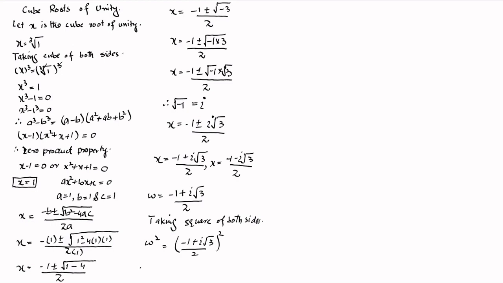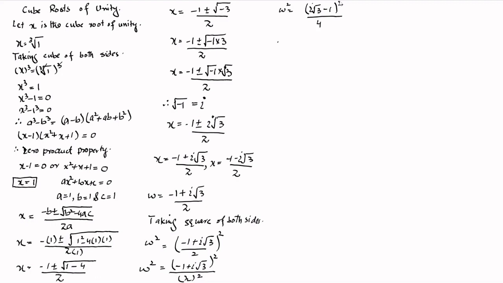Square can be separated for numerator and denominator: minus 1 plus iota square root 3 whole square divided by 2 square. Now omega square is equal to, the numerator can be written as iota square root 3 minus 1 whole square, divided by square of 2, which is 4.